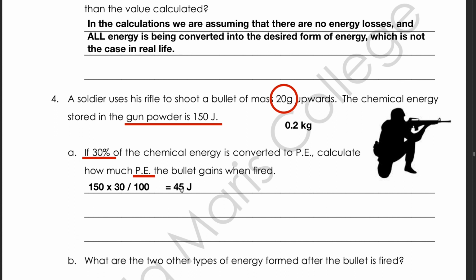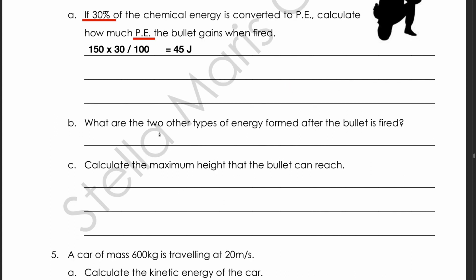Let's move on to question 4b. What are the two other types of energy formed after the bullet is fired? So in question A, we were told that some of the energy turns into potential energy. So we cannot mention PE again, because we were told two other types of energy. So definitely, whenever you're going to shoot a bullet, the bullet is going to fly away, it's going to move.